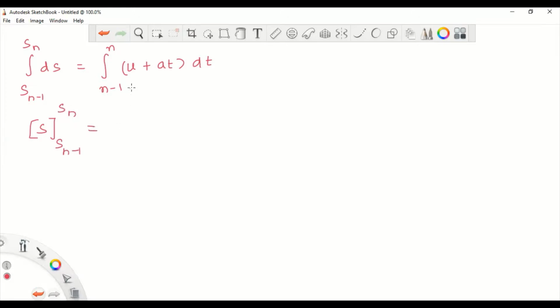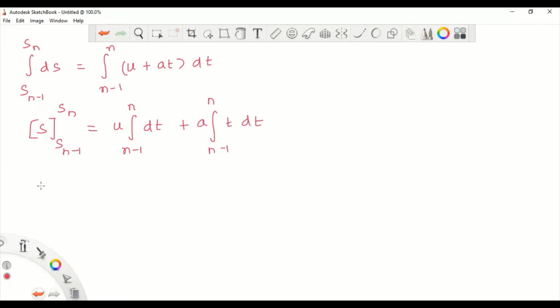When you integrate this, take this u, so you are going to integrate only this dt alone, n minus 1 and n are the limits, plus a integral n minus 1 and n t dt.